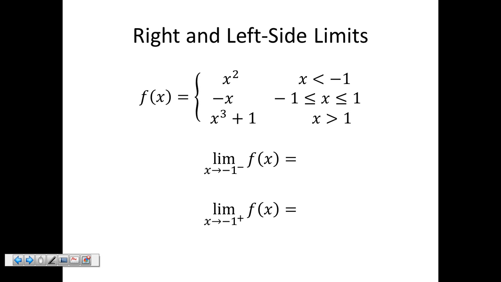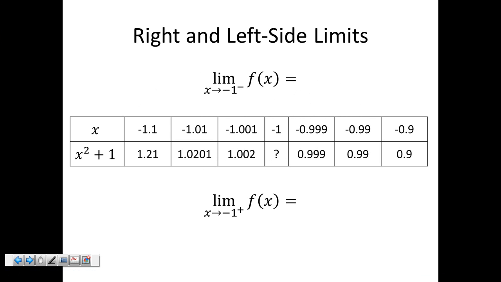Now, we run into a little bit of a danger here. What if these don't take us to the same value? Well, when I plug these into my piecewise function, this is what I get, and I should only be looking at the left side when I see this negative. So I only want to be looking over here.